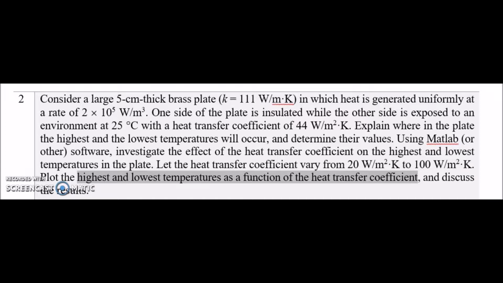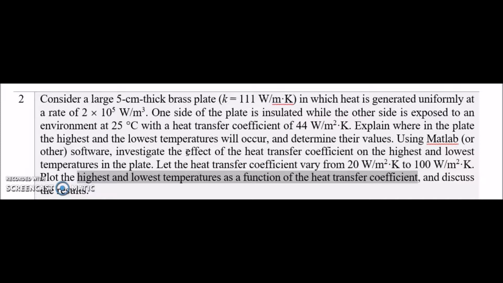We have already done the first part of the question, which is to explain where the plate has the highest and the lowest temperature, and their values have been determined using a normal calculation method. So for the second part of the question, using software, we have to investigate the effect of the heat transfer coefficient on the highest and the lowest temperature in the plate.